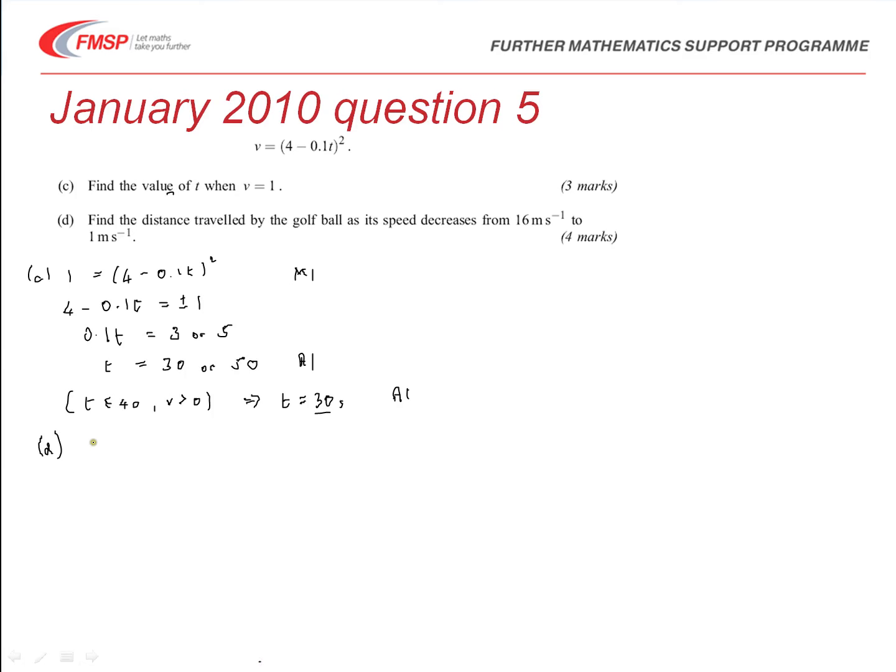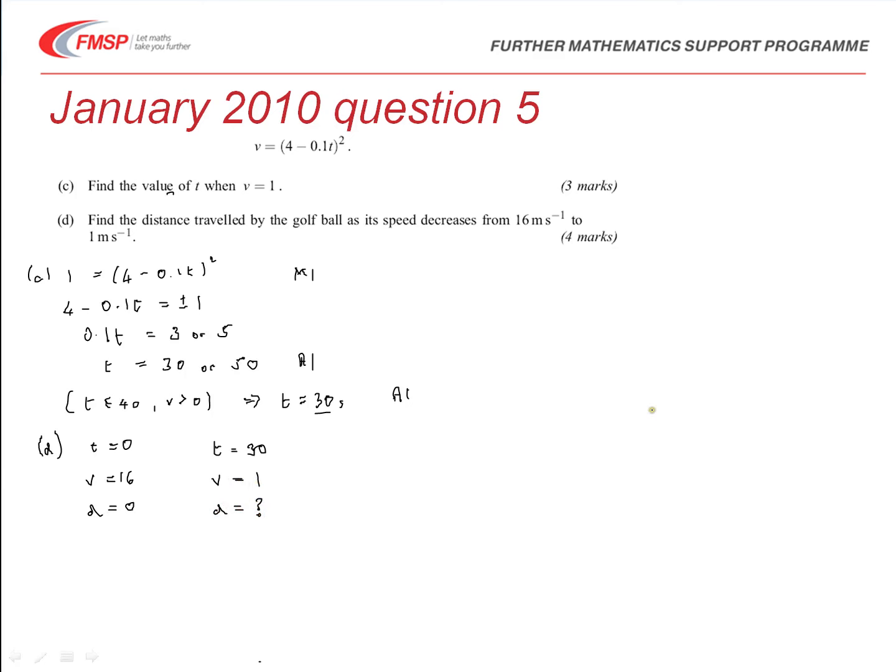So when t is 0, v was equal to 16, and we can assume that the distance travelled at that point is 0. That's our starting point. Now we've just shown that when t is 30, v is 1, and we now want to find the distance at this particular juncture.